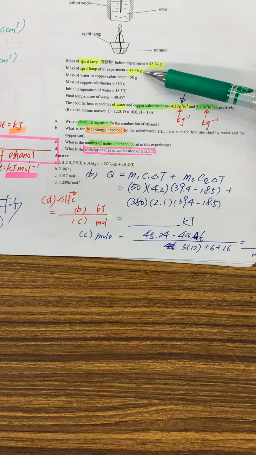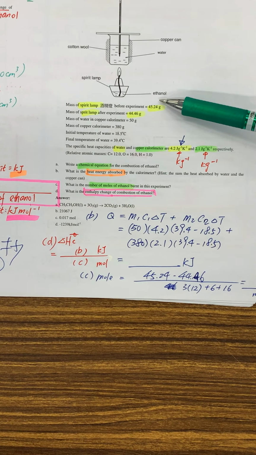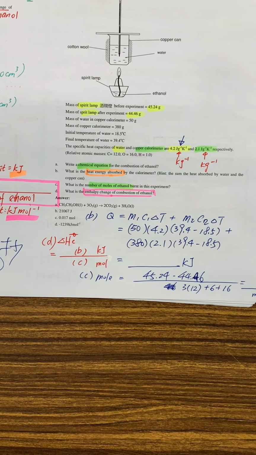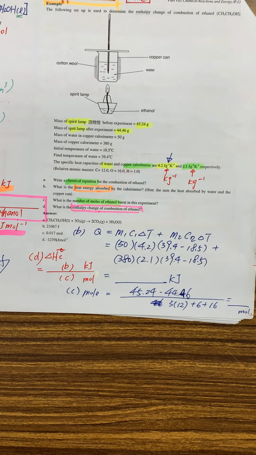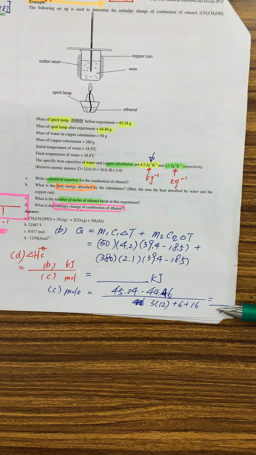Oh, right here, I already highlighted it. Before and after combustion, the difference will be the mass of ethanol being burned. That means right here. Molar mass, understood? And then you can get the mole.